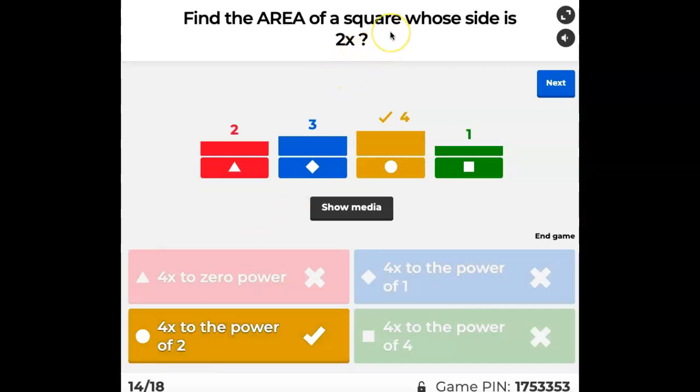You know the square has the same sides, so that's 2x times 2x. So that becomes 4x squared. So we'll review more of this, guys. We're going to redo this quiz together again.